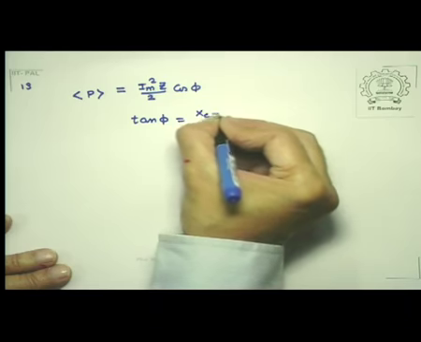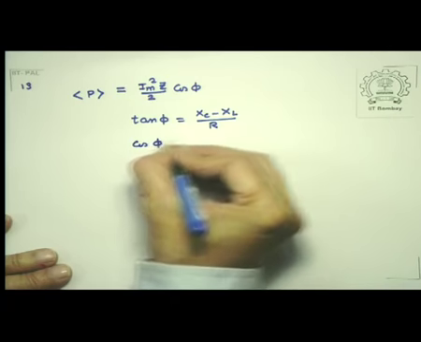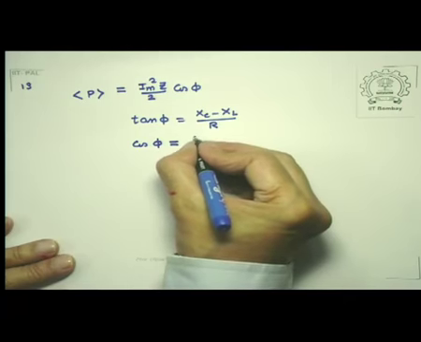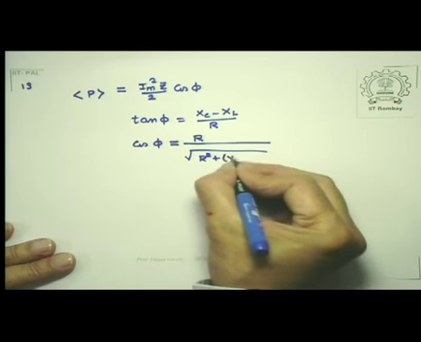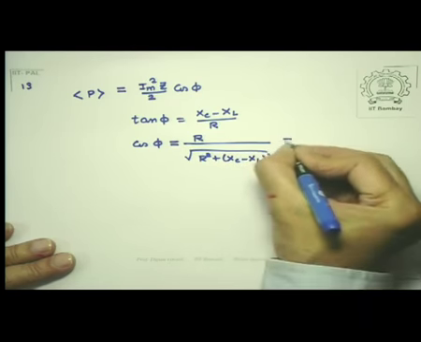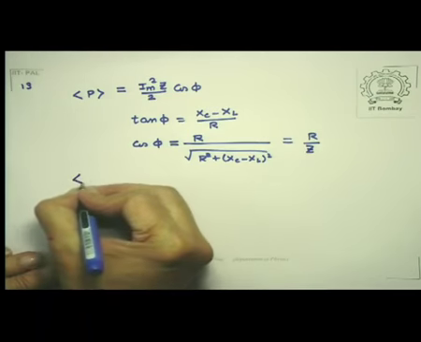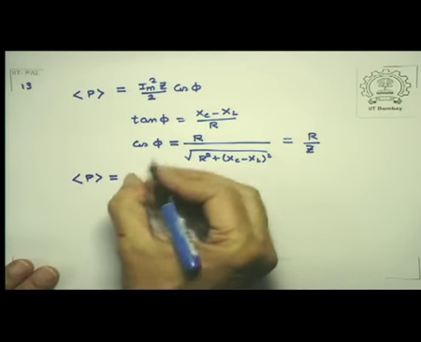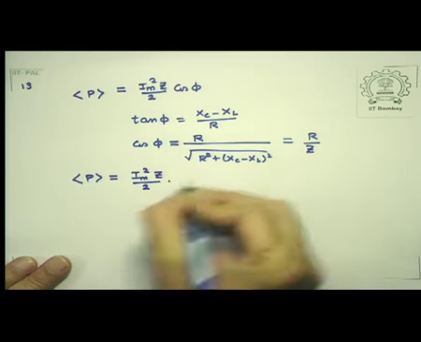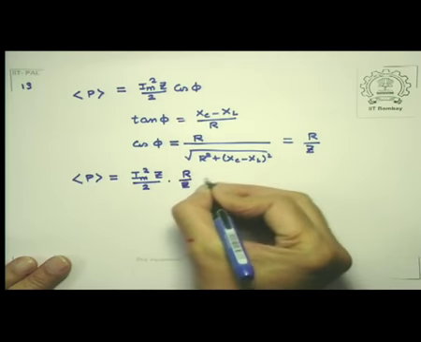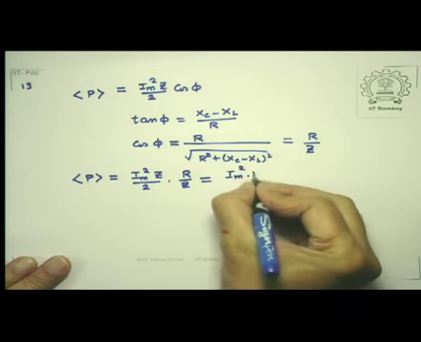We had seen that tan of phi was Xc minus XL divided by R, which gives me cosine of phi equal to R divided by square root of R square plus Xc minus XL whole square, which is nothing but R divided by Z. Therefore, the expression for average power is Im square Z by 2 into R by Z, which is Im square into R divided by 2.